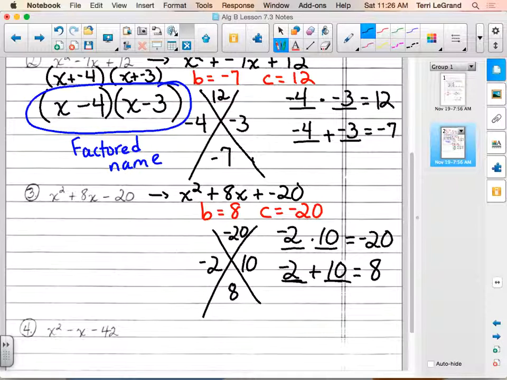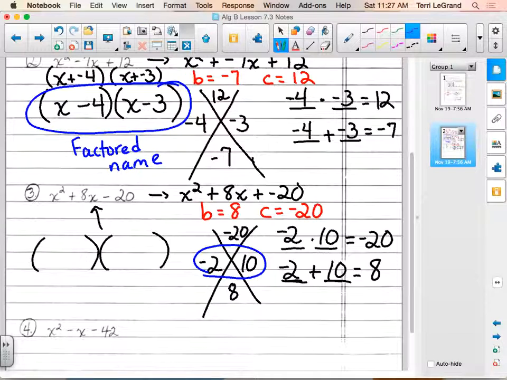So again, let's come over here and we'll set up our binomial factors. No plus sign between those two sets of parentheses. This is multiplication. We're showing what binomial times what binomial gets you that trinomial. So we have our numbers right here in the middle.